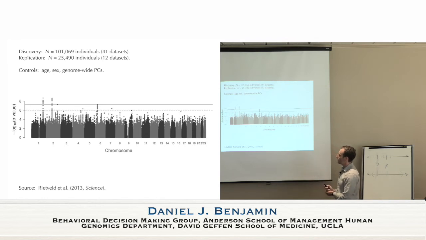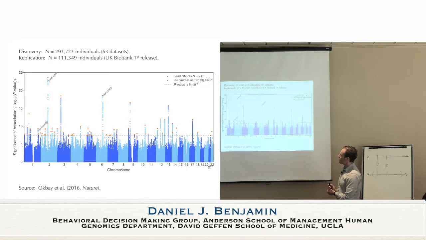So we increased the sample size. Immediately upon publication, we embarked on increasing the sample size for EA. We published a few years later EA2. So now we got the sample size up to 300,000 individuals in 63 data sets.